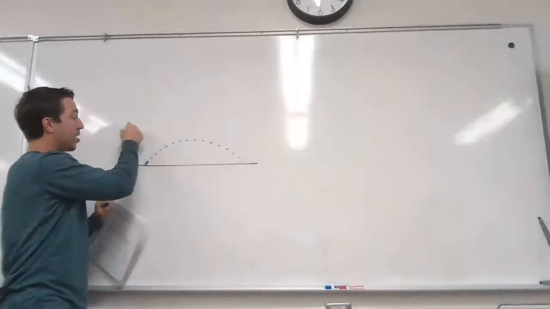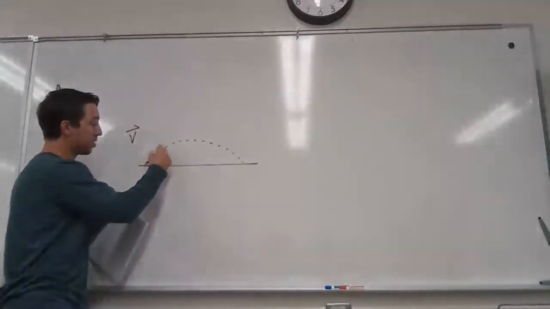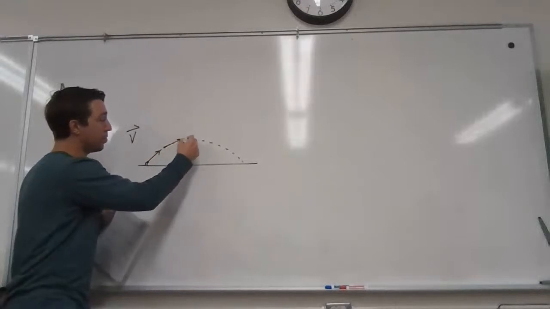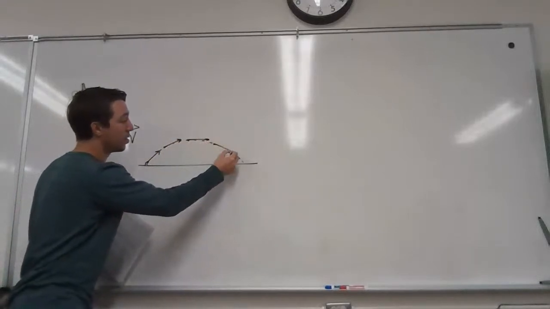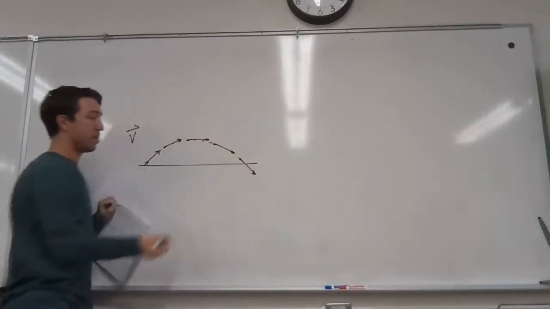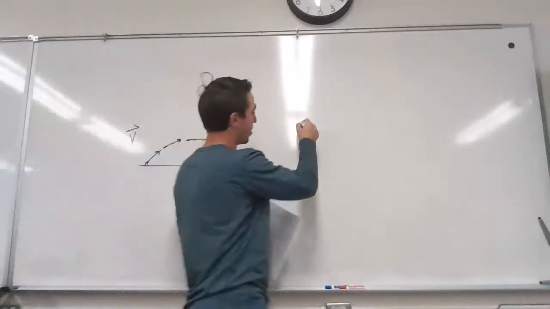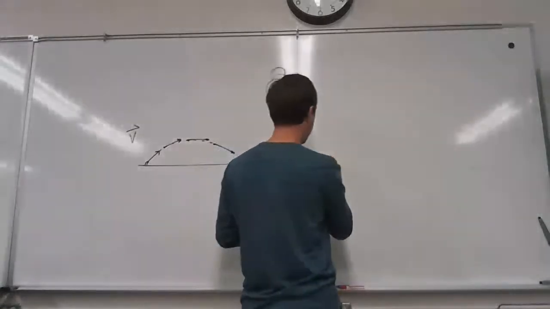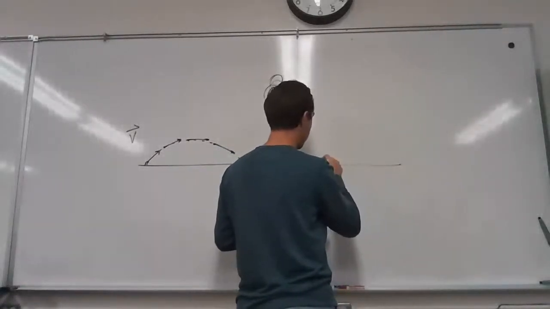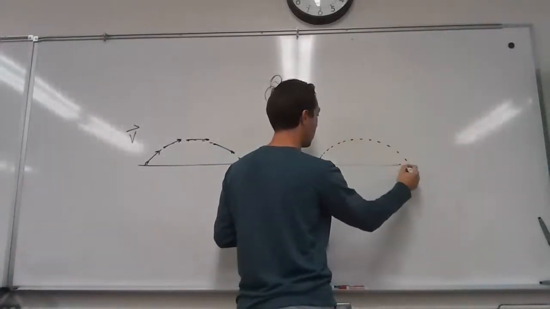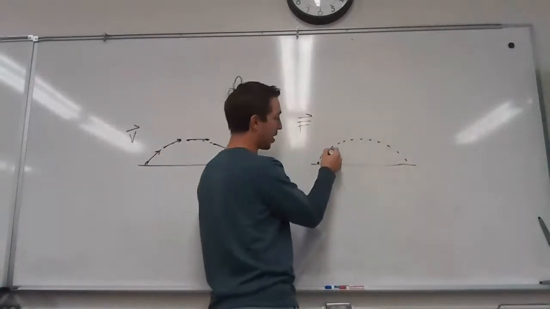So if I was drawing all the velocity vectors, they'd look like this. Those are the velocity vectors. But the force vectors look like, okay, let's say it's on its way up.